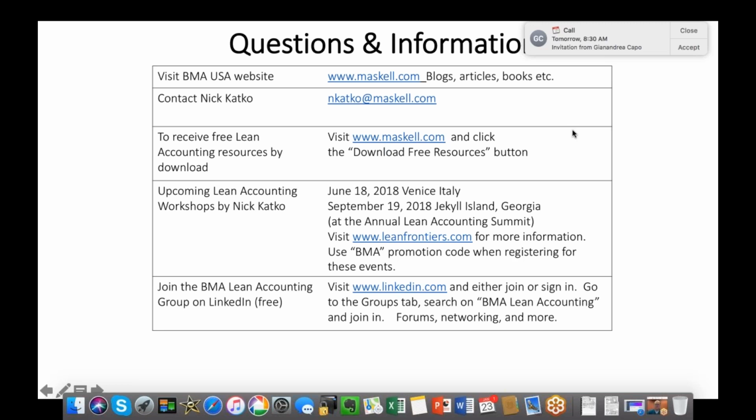Next question is from Kevin Fitzgerald: can there be cascading value streams, order fulfillment value streams with maintenance or production value streams underneath? This is more of a lean question. Typically, maintenance is not considered a value stream. Maintenance is considered a support function that supports all the value streams.